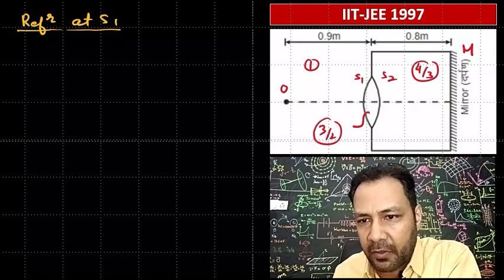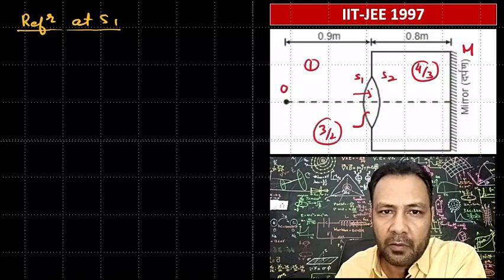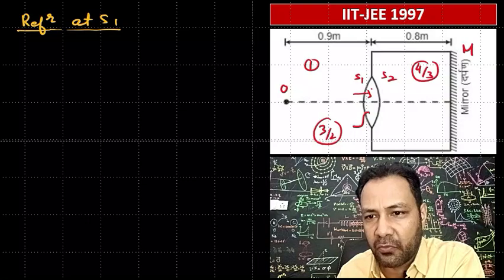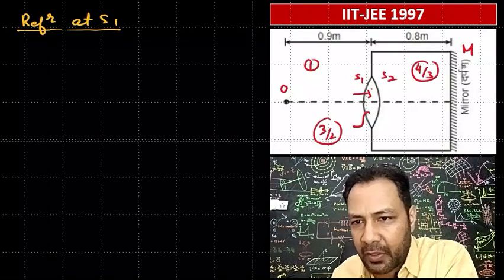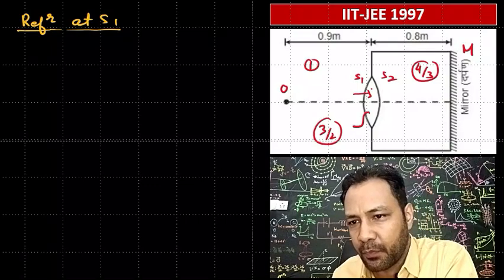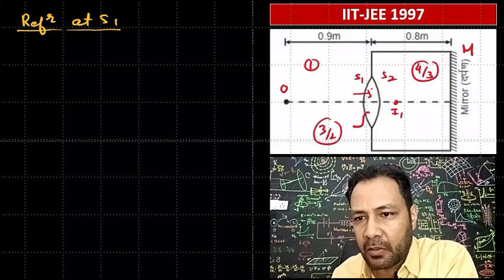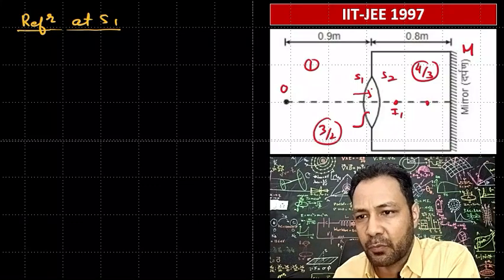For this event, the ray goes from air to the lens, so mu r is 3/2, mu i is 1. So we apply the refraction formula at the spherical surface. Before that, let's understand two things. Suppose for the event refraction at S1, the image is I1, and for the refraction at S2, this image will act as an object, and suppose that image is I2.